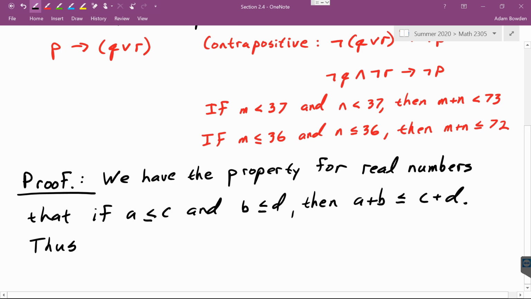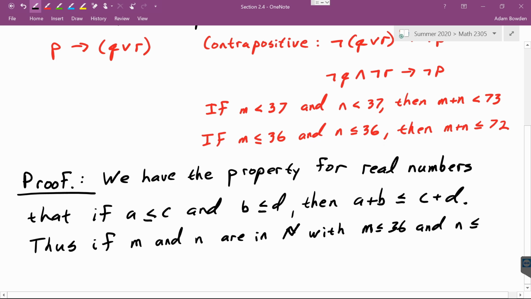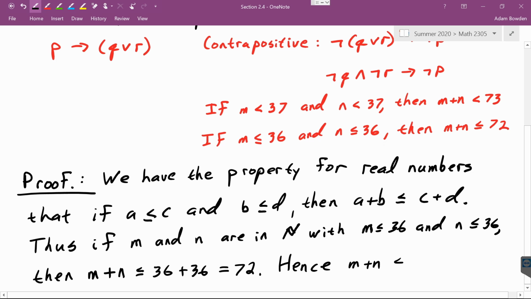Thus, if m and n are in the natural number set with m less than or equal to 36 and n less than or equal to 36, then m plus n has to be less than or equal to 36 plus 36, which is equal to 72. Hence, it's obvious that m plus n is less than or equal to 72. And that proves the statement we were trying to prove.